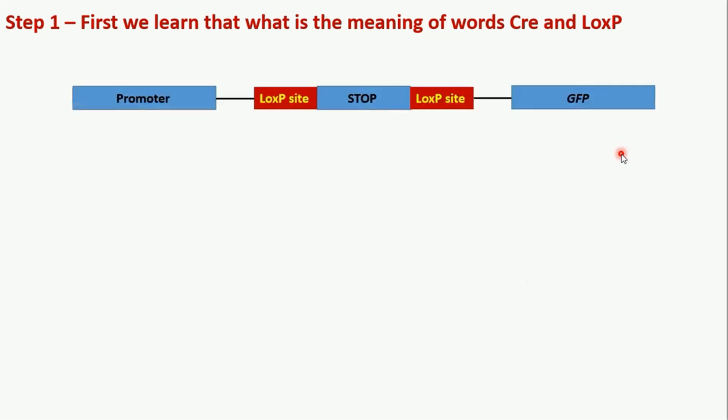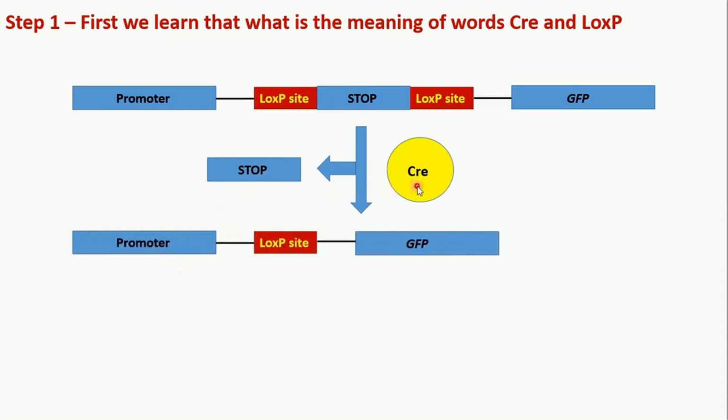Now, again we see this example: promoter, stop sequence flanked with LoxP sites, and then the coding sequence of GFP. Now, if this sequence is treated with the enzyme Cre, then what will happen? The Cre will recognize the LoxP sites, and it will cut at the LoxP sites, and the stop sequence will come out, and we'll have a new recombined sequence.